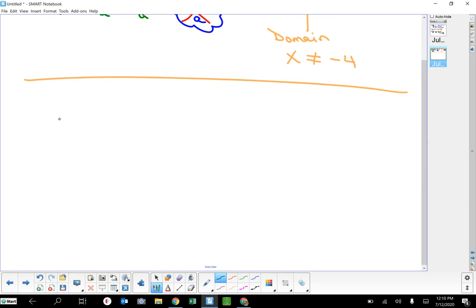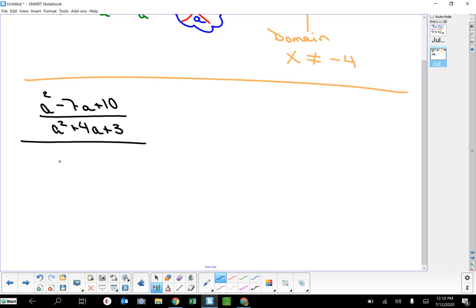Next, I have (a squared minus 7a plus 10) over (a squared plus 4a plus 3) over (a squared minus 4a plus 4) over (a squared plus 6a plus 9). So if you want to, you could actually do this.